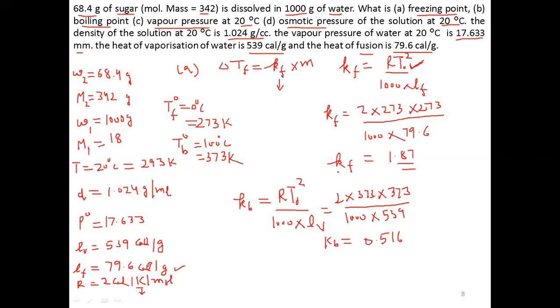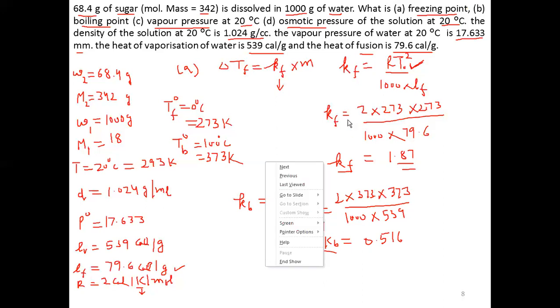Now we have calculated KF, we have calculated KB. Now let us see what we have to calculate. The first thing is freezing point. So I will have to erase some data.